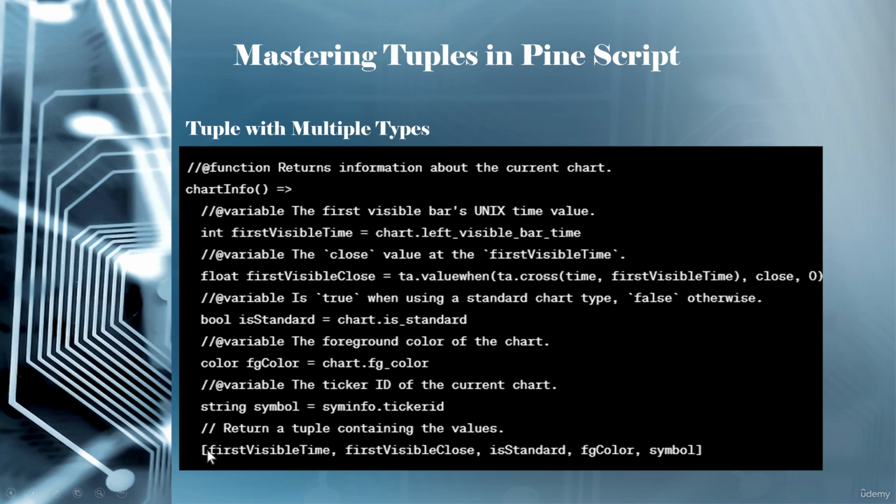And after that, it returns those variables in a tuple that consists of 5 values. Each of these values have different type. For example, first visible time is an integer. First visible close is float type of variable. Is_standard is a boolean. FG color is a type of a color, and symbol is a type of a string. So this is an example of a tuple that has values of different type.